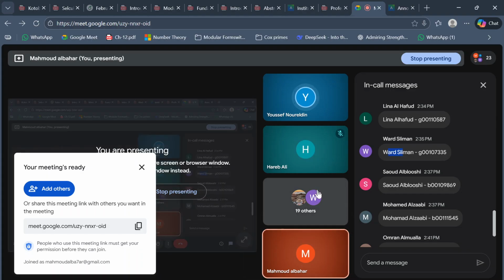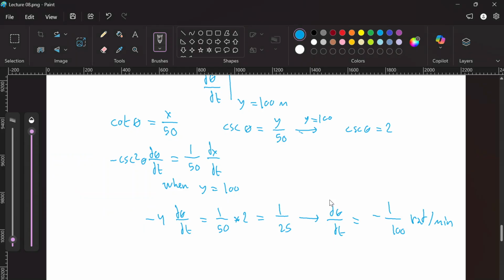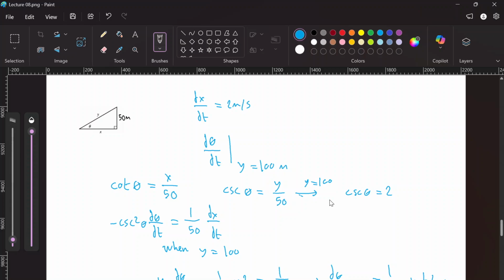But wait, before, Professor, I have a question. Yes. How did you know to use cotangent? You need to use something relating the given information. You want to find d theta over dt when y equals 100, right? But you are given that dx over dt equals 2 meters. So you need a formula relating this.